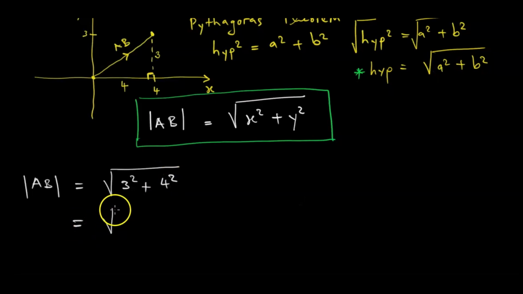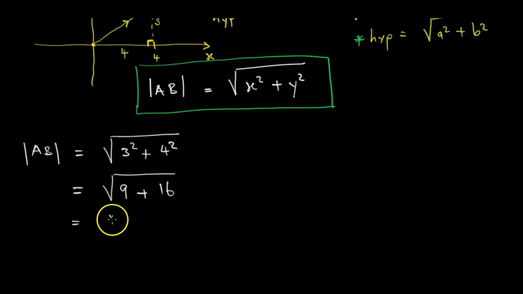So this is equal to 3 squared the 9 plus then what is 4 squared the 16. This is equal to, what do we get here? When we say 9 plus 16, we get 25, like this. And what is the square root of 25? The square root of 25 the 5.